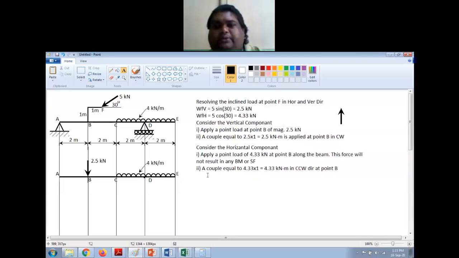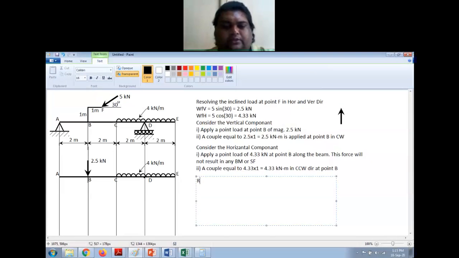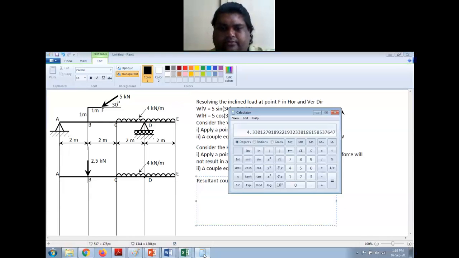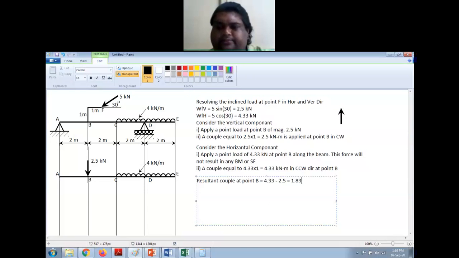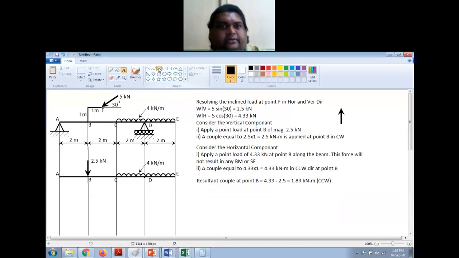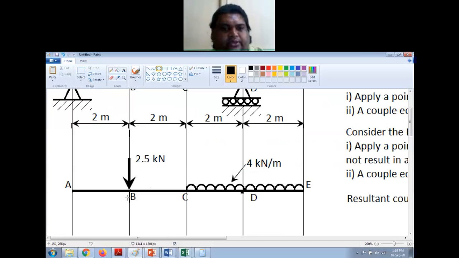So the resultant couple at point B is equal to 4.33 minus 2.5, that is equal to 1.83 kilonewton meter in counterclockwise direction, right? So I have to show that here. Let me just do that.